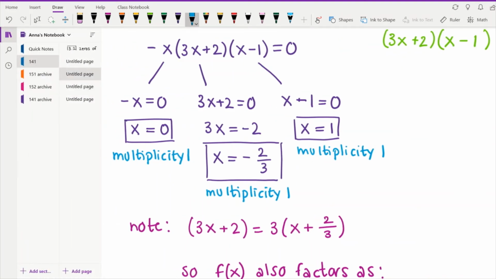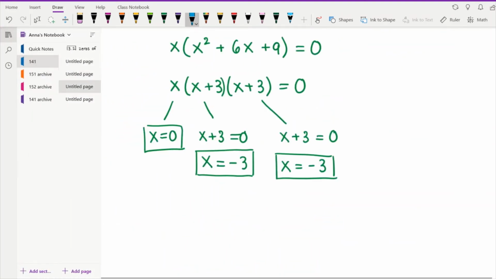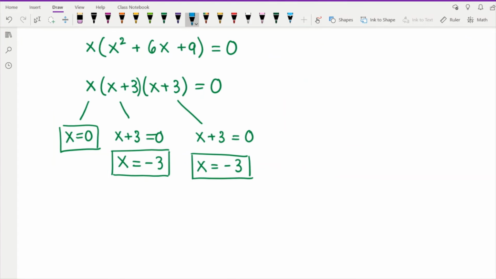Okay, what about our next example? In this case, x is equal to 0. We only got that once. It didn't come from an x squared, it just came from an x. And so that tells us that this first 0 has multiplicity 1. I'm just going to abbreviate that for the sake of space. Now, what about these other two?